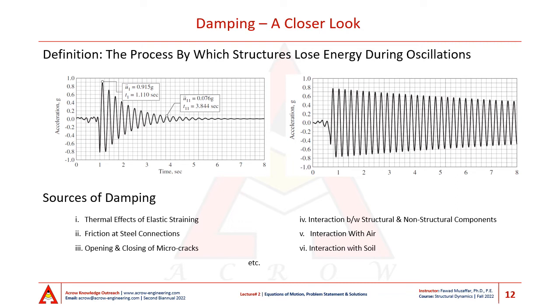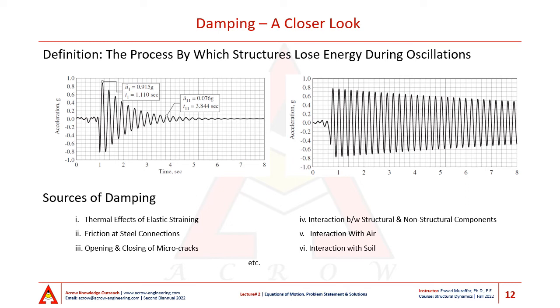Now, damping is due to a number of different sources. In a lab specimen, in vacuum, whenever we oscillate a system that is not interacting with any other media or environment, most of the energy is lost due to the thermal effect of straining of the material.